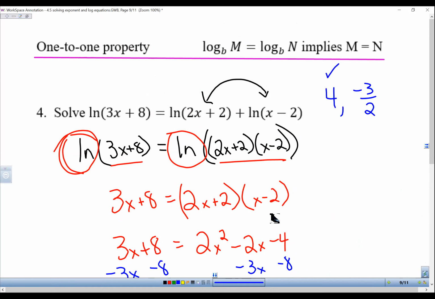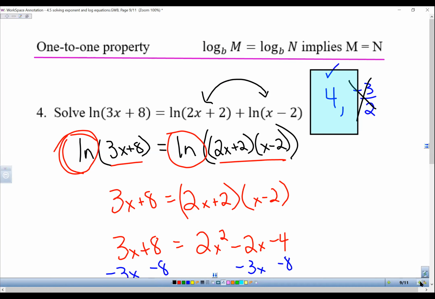I can't take the log of a negative, so this answer is no good. So my only answer is x equals 4. So make sure when you're solving log equations, if you end up with a negative or even a positive, either way, check your values. Make sure it is going to give you a positive value for the log.